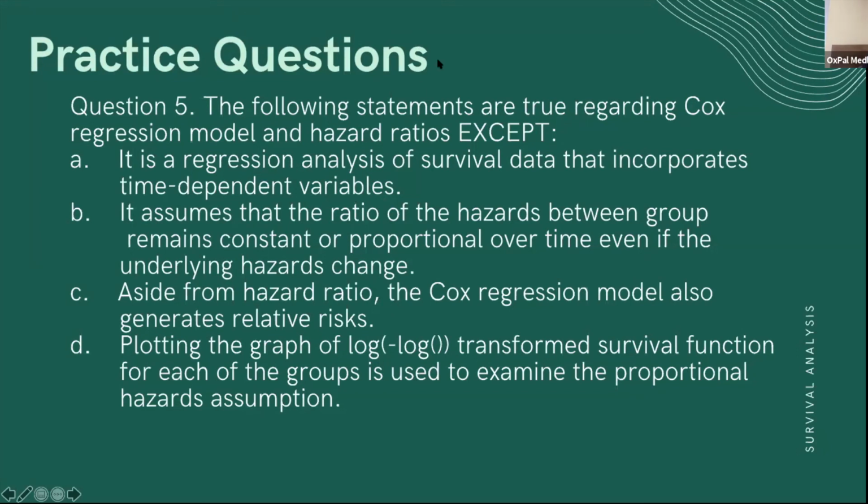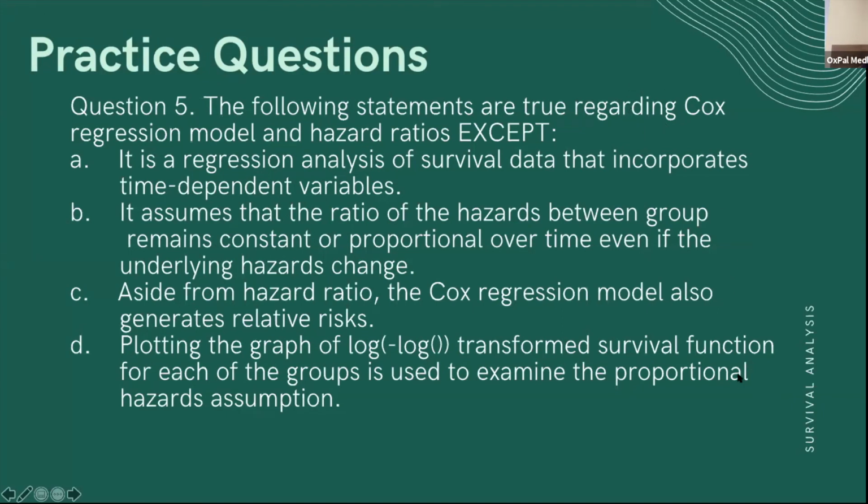Again, which of the following is false in this list? Remember what the Cox regression generates? It generates hazard ratio, confidence interval, and p-value. Does it generate relative risk? And is plotting the log of the negative log transformed survival function used to examine proportional hazards?